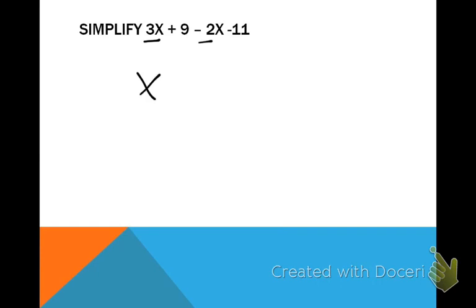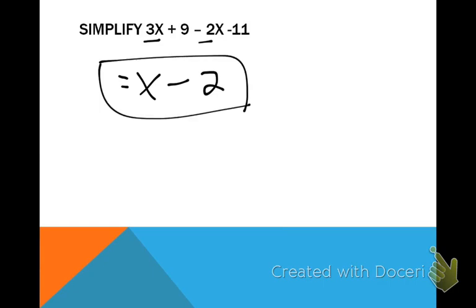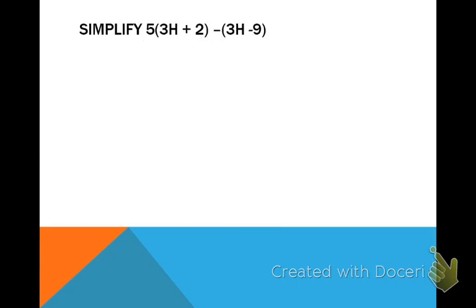We take 9 minus 11. Yep. We get negative 2. Okay, then what? Anything? No. Good. Obviously if you have a 1x, you do not have to write the 1 out there in front. And then last but not least, Skylar, this guy.